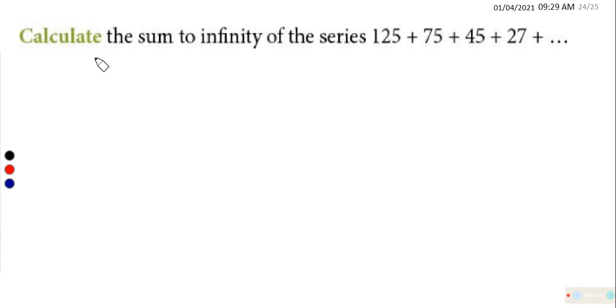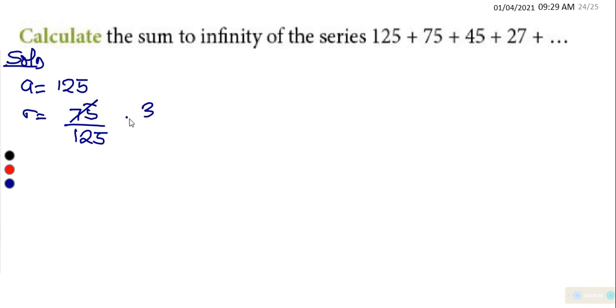Example 4. Calculate the sum to infinity of the series. Okay, so the series is given thus. Looking at the series, the first term is 125. The common ratio is second term over first term, which is 25 over 125, so 25 in 125 is 5, so the common ratio is 1 over 5.